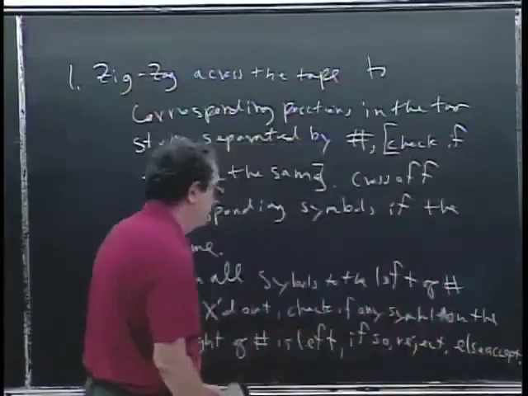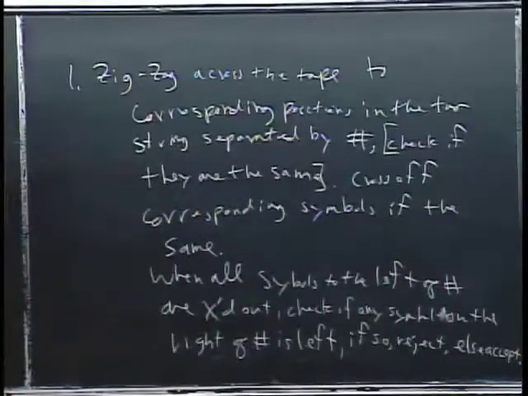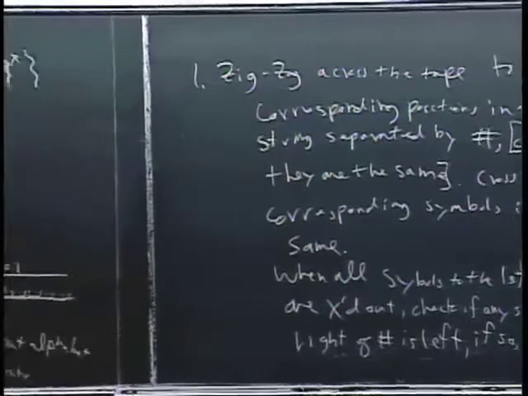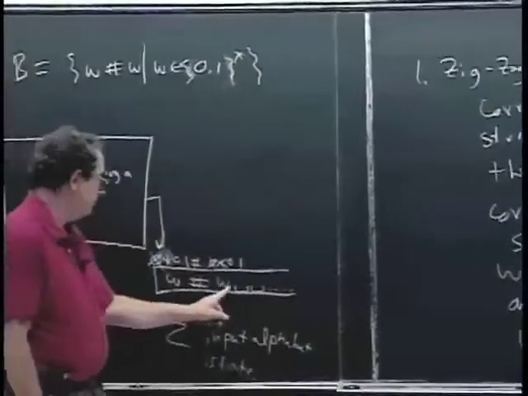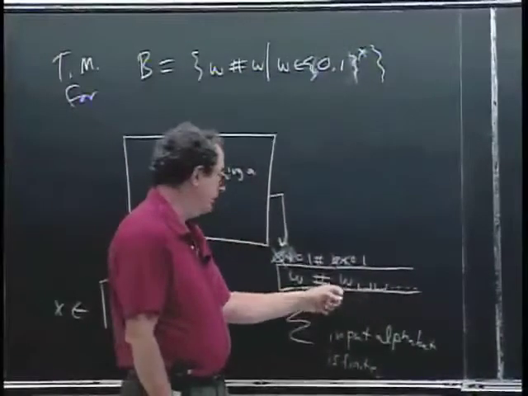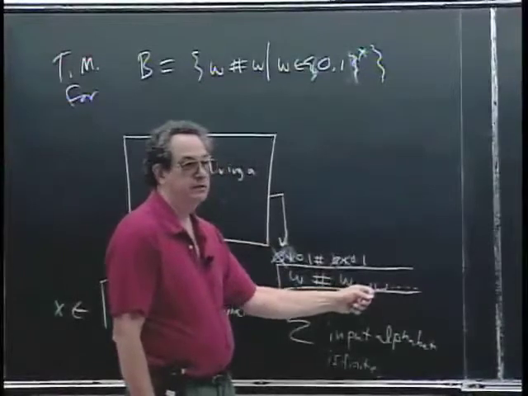Okay. Now, how do you tell whether all the symbols on the right have been x'd out? Okay. So we're x'ing out the first one here, and the first one here, and the second one here, and the second one here, and so on. So when you run to the right, you're seeing x's. Okay.